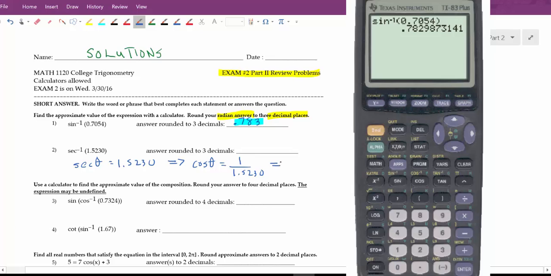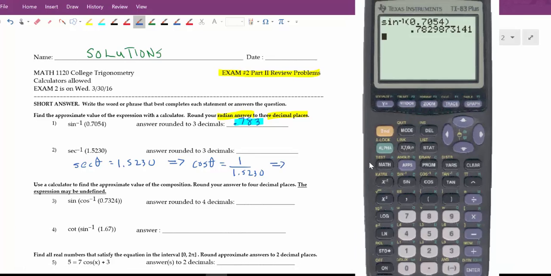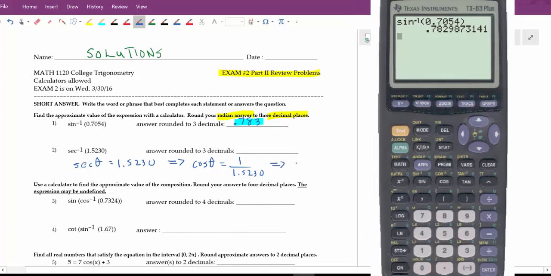So we can say the cosine is the reciprocal of that number right there. Okay, then that's going to tell you that the way to do this on your calculator is to go inverse cosine of 1 over 1.5230. All right, so I'm going to go ahead and put this in the calculator. So second cosine of 1 over 1.5230, and then we'll round that to three decimals.